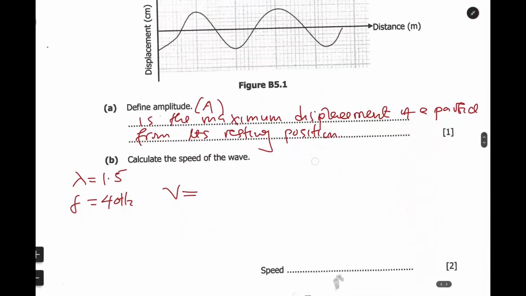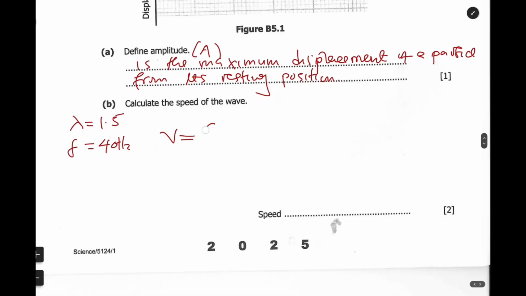So the speed is frequency times wavelength: 1.5 multiplied by 40, which gives us 60 meters per second. That is how you find it.